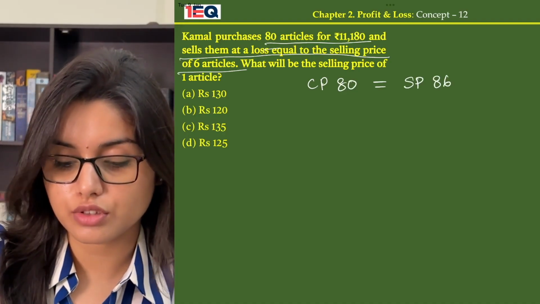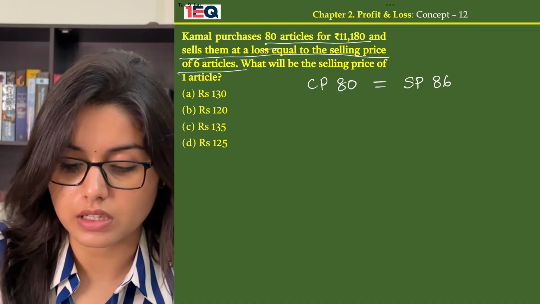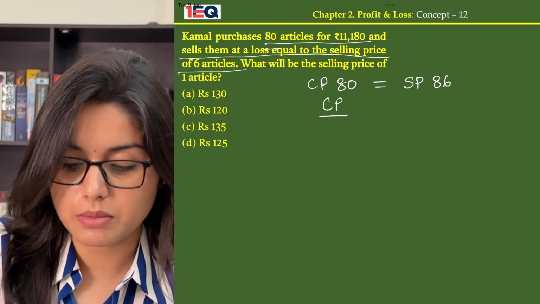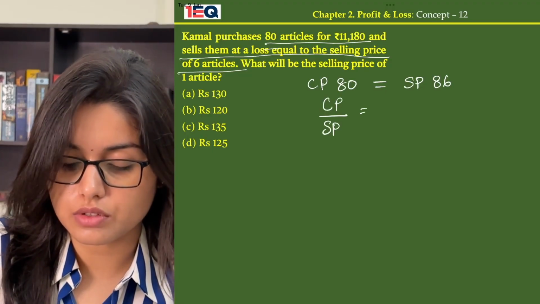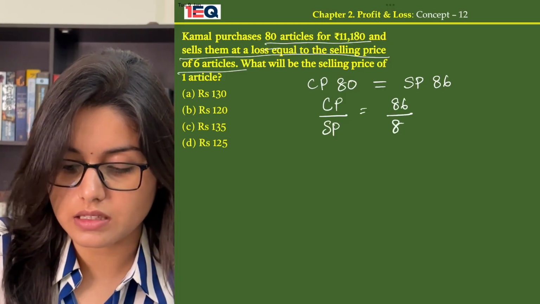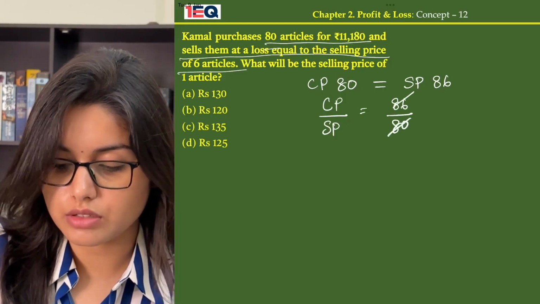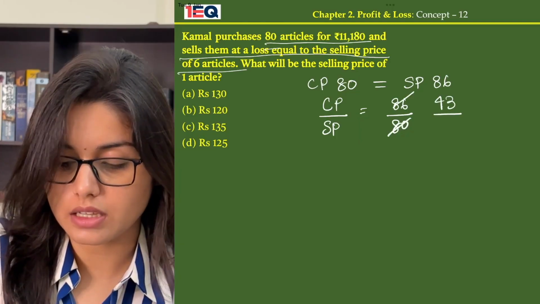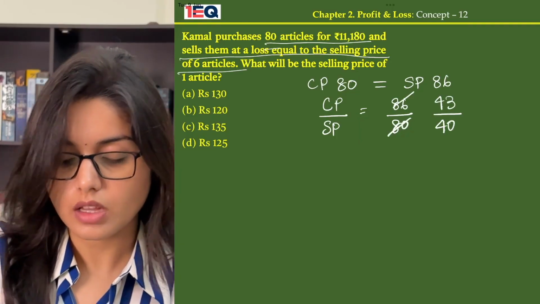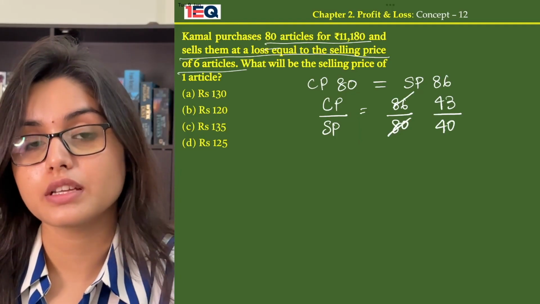Now bringing it into the ratio of cost price is to selling price, we get CP by SP is equal to 86 by 80. On dividing by 2, we get 43 by 40. Now we have to find the selling price of one article.